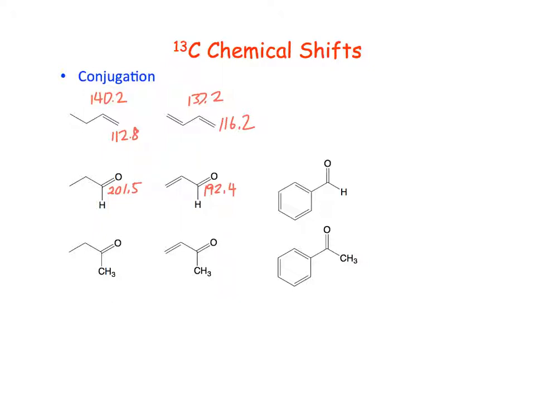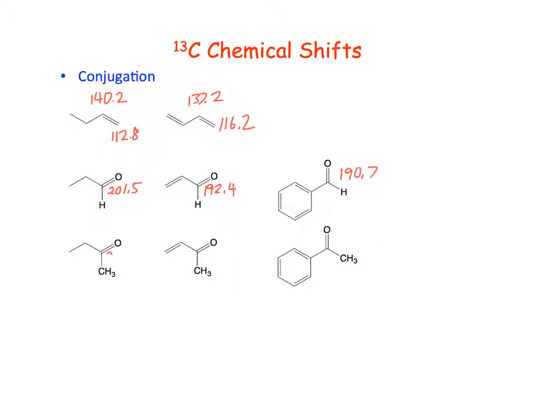If we have a benzene ring, likewise, this is at 190.7. So for aldehydes, if it's more like 190, then it's usually conjugated to something. If it's 200 or over, it's usually not conjugated. If we look at ketones, they're a little bit further downfield.